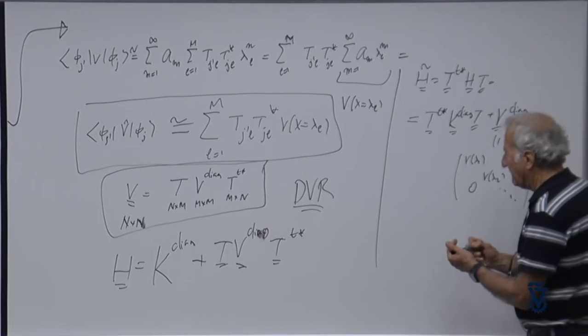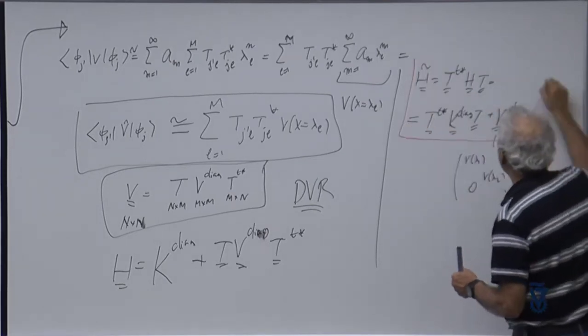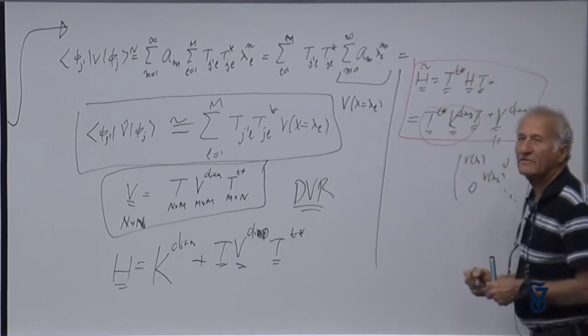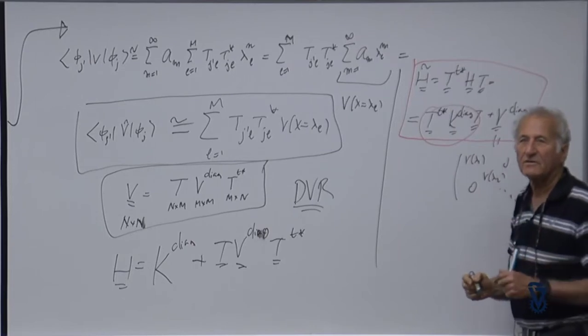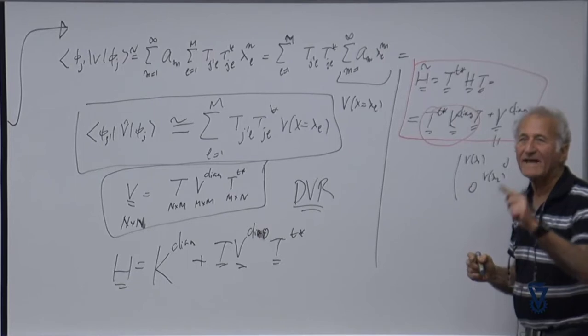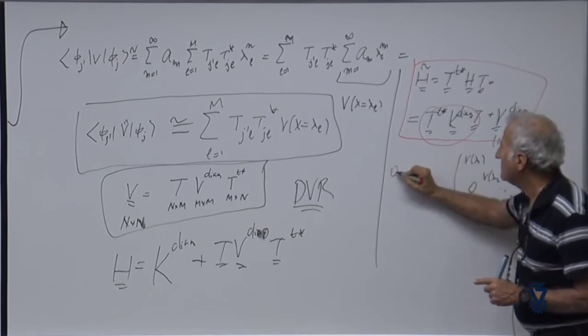And this is a very interesting result, since now we can construct this non-diagonal matrix for the kinetic operator once we decide on our basis functions. So we did it only once.